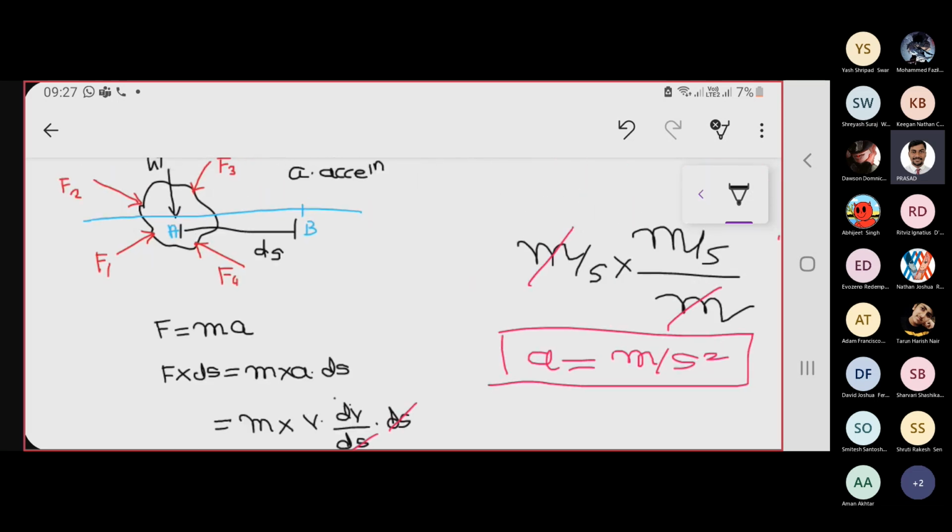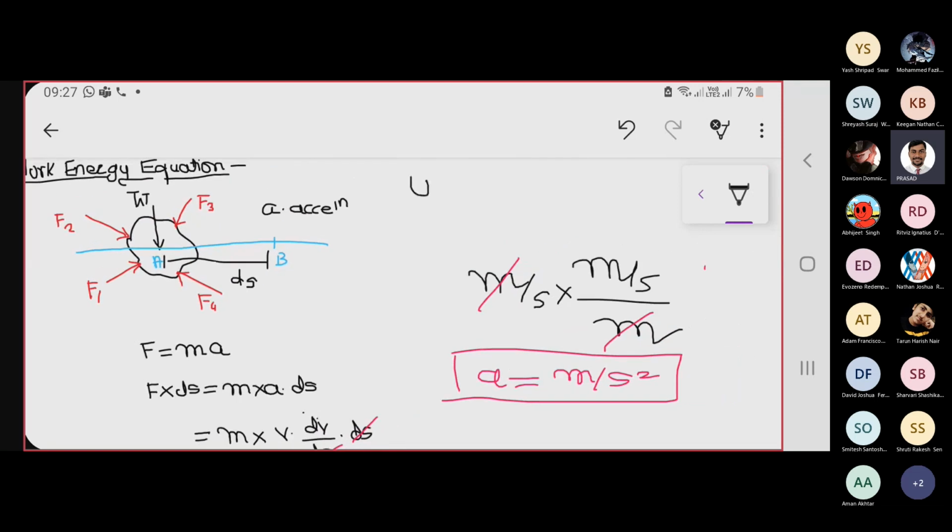We know that the initial velocity of the body is u and the final velocity of the body is v. Initial displacement of the body is 0 and final displacement is s.